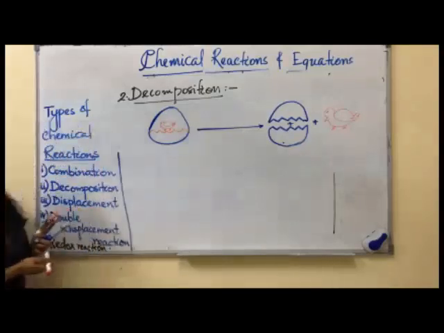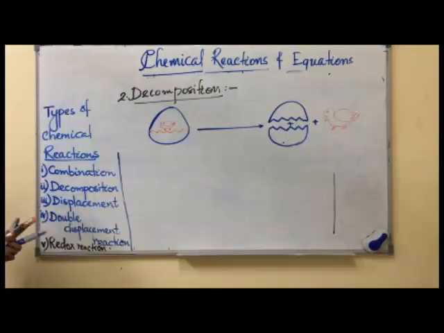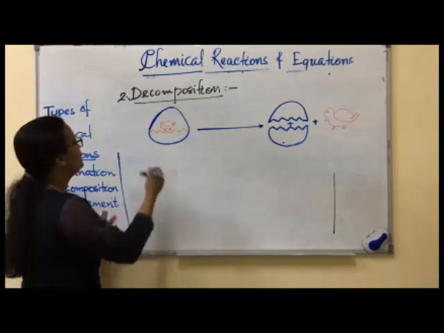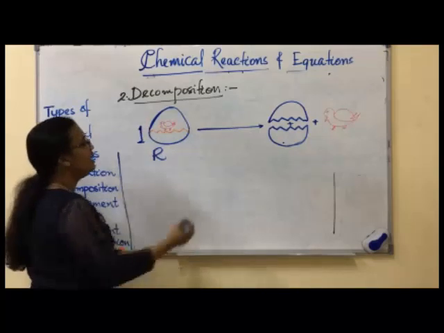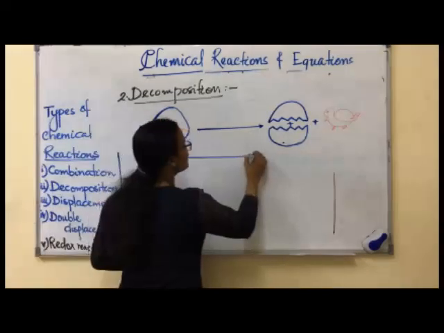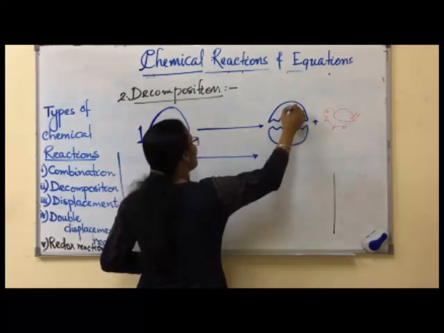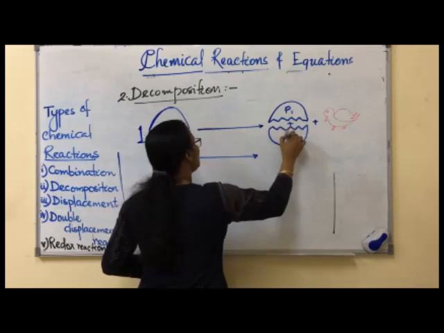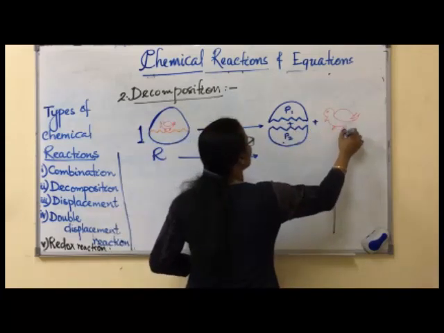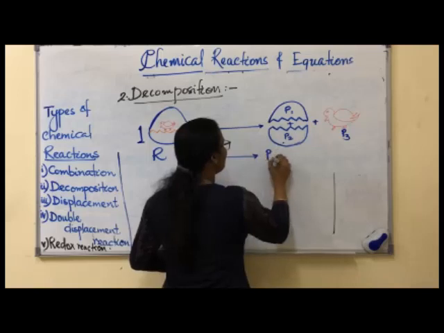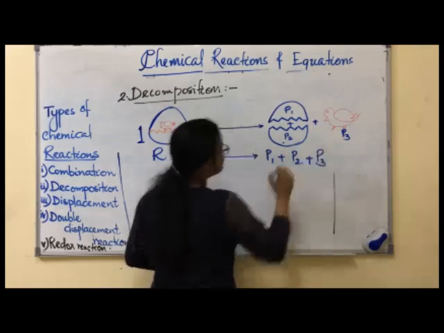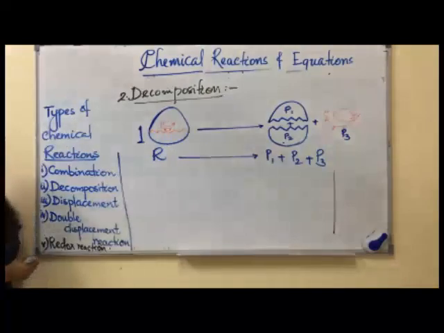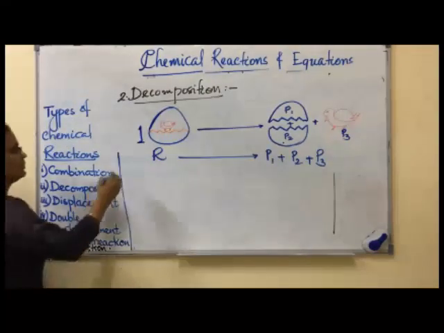I hope you understand what this is. What can be the decomposition reaction? Tell me. Here only one reactant. That one reactant is converted into product number 1, product number 2, product number 3. That means P1 plus P2 plus P3 you are getting. So how can you define a decomposition reaction?